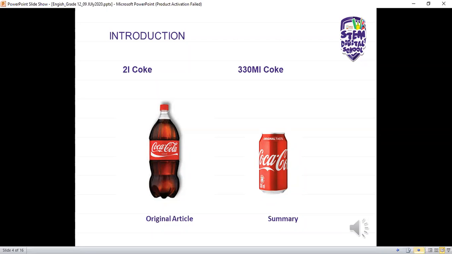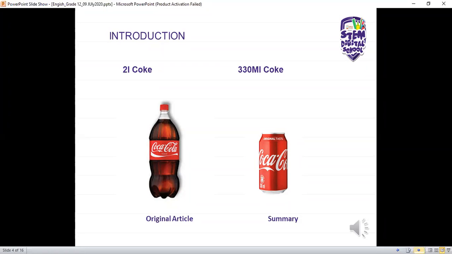So the 2-liter Coke would be the original article. Then the summary would be the 330 ml Coke. You may be wondering, why are we using Coke and what is the significance of the different sizes of these two soft drinks? Well, I'll take you through it.